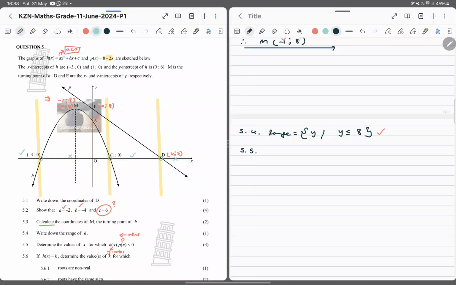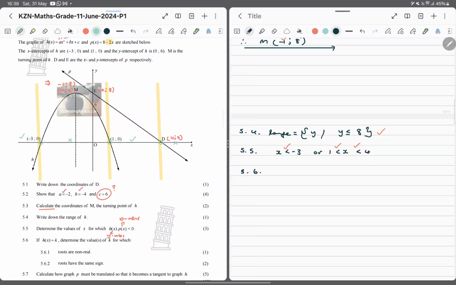So this is a good interval until we get to the limit. So literally we've got those 2 intervals. So we can say here x must be less than minus 3 or x must be greater than 1. Nice and easy. 3 marks there, this and that, like that.